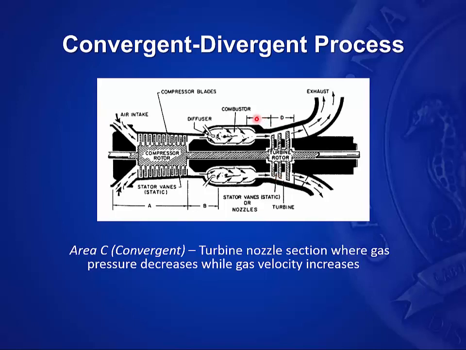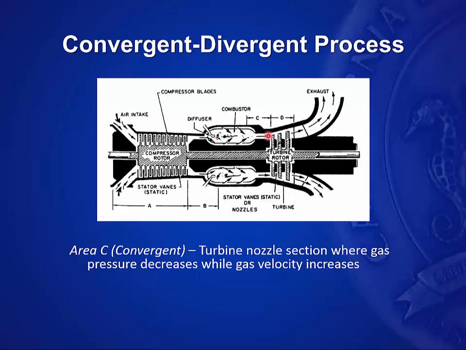Okay, C, again, convergent. So we expanded into this combustor. We burned the fuel, which dramatically increases temperature and volume, because the combustion gases get hotter, and the gases need more volume.